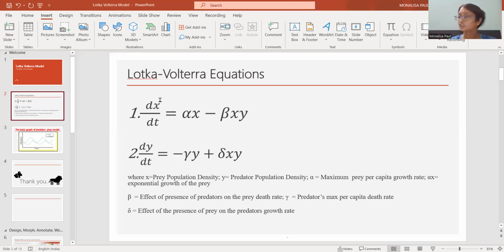X is the population density of the prey, and alpha is the maximum prey per capita growth rate. If you see only up to this point of the equation, dx upon dt equals alpha x, alpha x means the exponential growth of the prey. When is this possible?